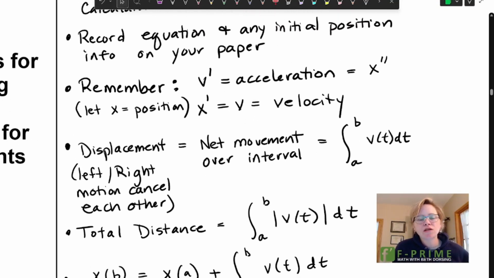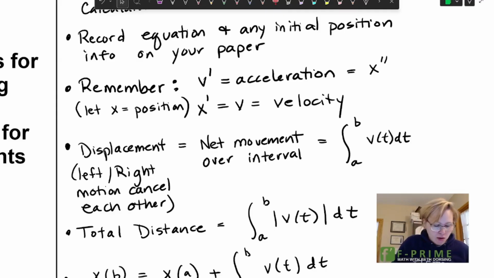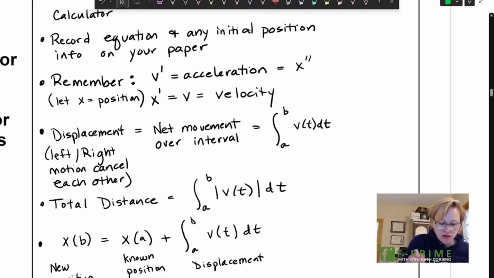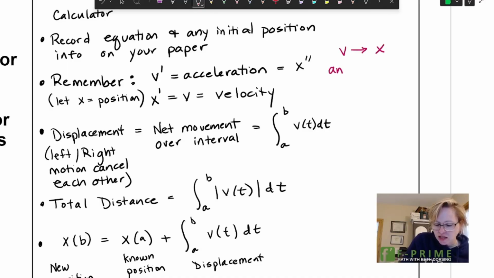So when you take the derivative of the velocity, that gives you your acceleration expression. Your position is going to be the antiderivative of velocity. So that might be something we want to add in here as well. So to go from velocity to position, you're going to use an antiderivative. And when you do that, you need to remember to solve for that constant of integration.